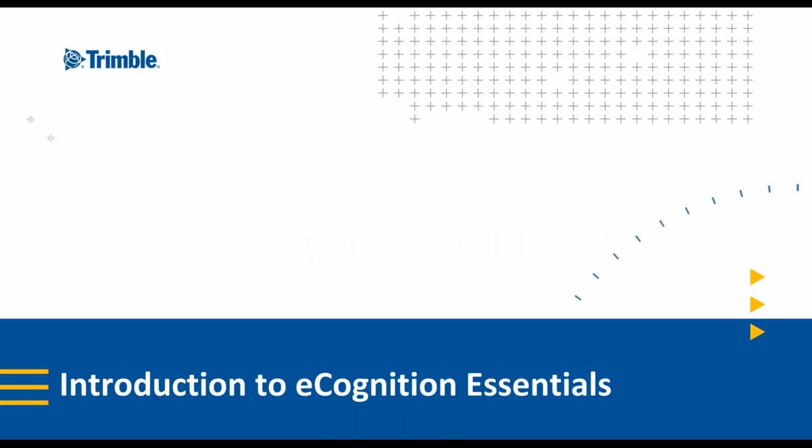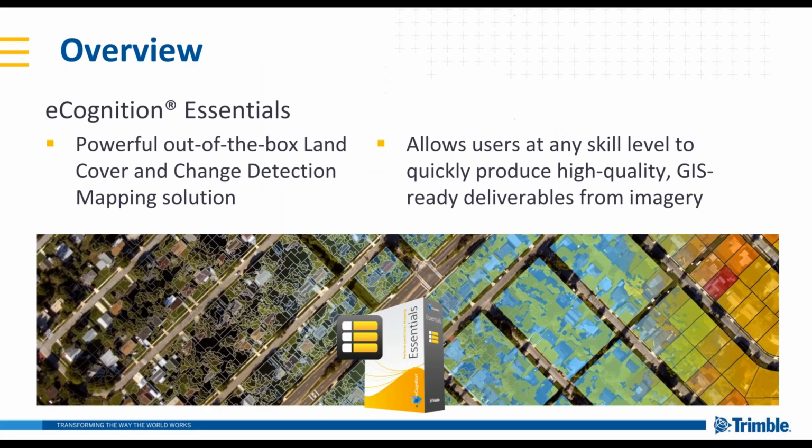So what are we doing? How does eCognition Essentials differ from, say, the developer product that some of you may have heard of in the past or be used to using? Well, we are taking the concepts of eCognition and we're packaging them into an out-of-the-box solution, primarily geared towards land cover and change detection mapping solutions.